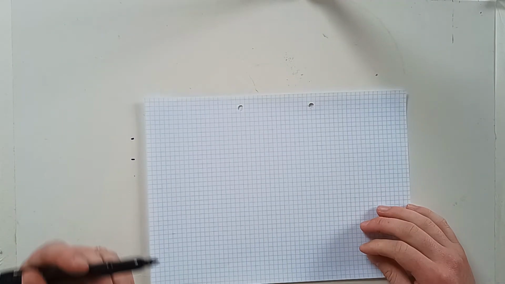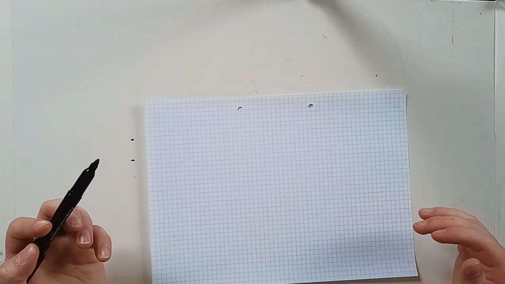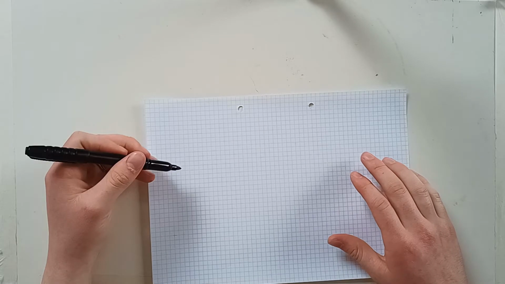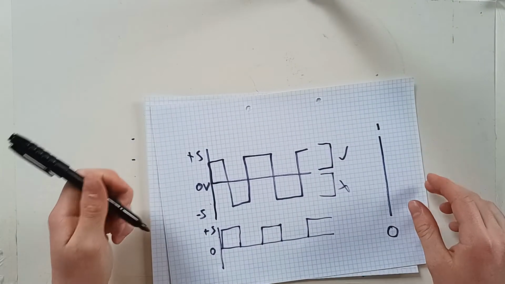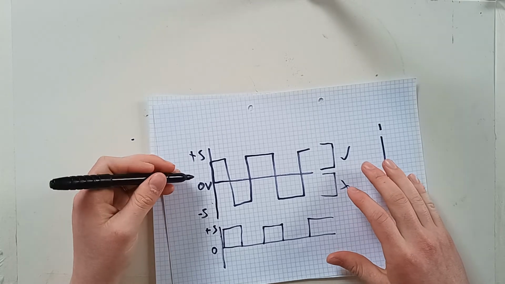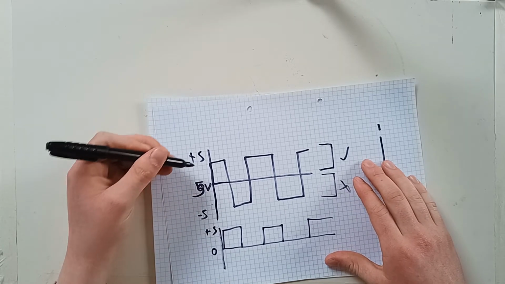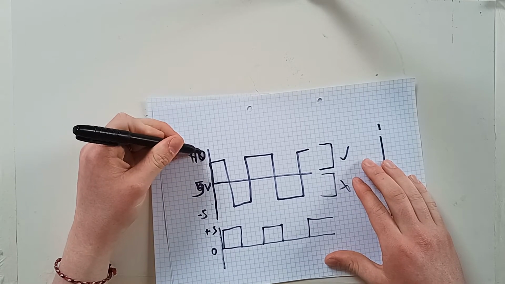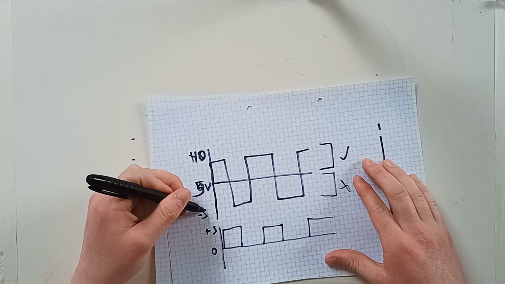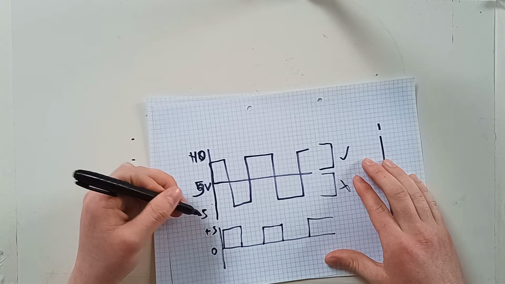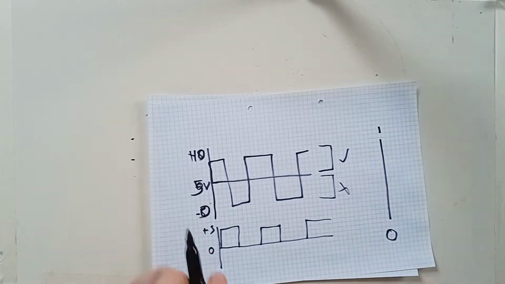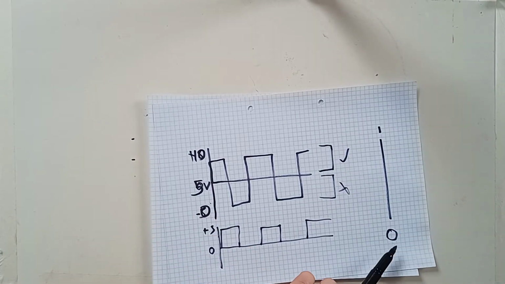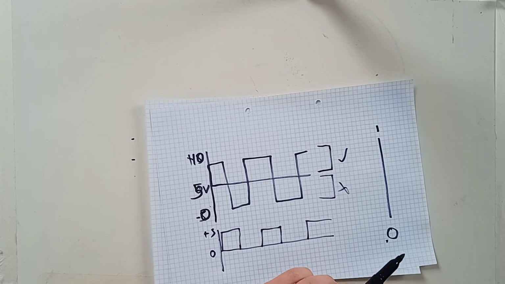And in order to bias it, the most obvious solution would be to add a DC offset. So instead of our signal as we had it here oscillating around 0 volts, we'd have it oscillating around 5 volts, and then its peak would be 10 and its troughs would be 0 volts, which again is not ideal because that is your ground connection.